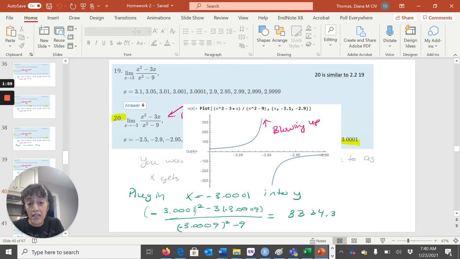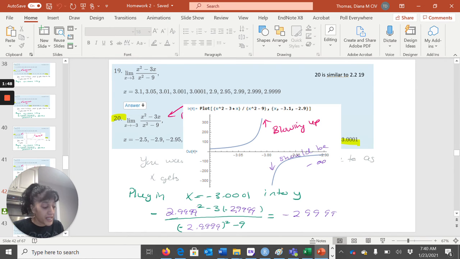On the other hand, to the right of negative 3, I should get something that's close to negative infinity. Let's just double check that. I didn't put my parentheses around that. It's a bad thing to do. So I'm going to correct that right now and put those parentheses around that thing.